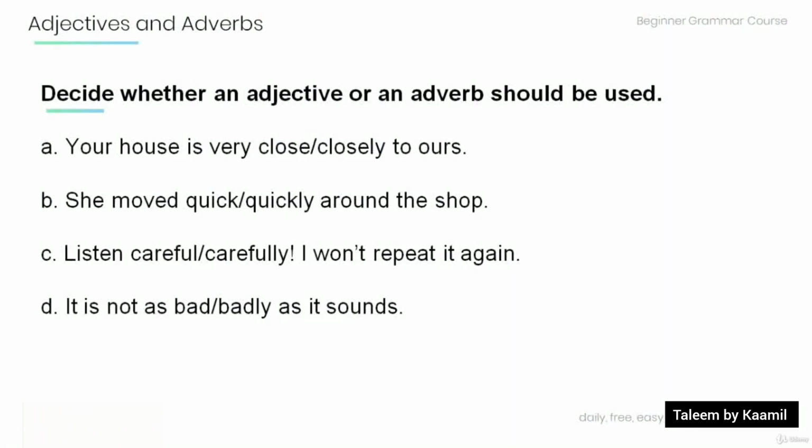Now time for you to practice on your own. Read the following sentences and decide whether an adjective or an adverb should be used. A. Your house is very close or closely to ours. B. She moved quick or quickly around the shop.